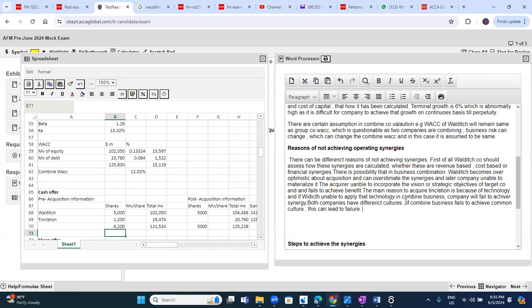Okay. Next point, the success of new company depends on the management of new company. If combined business is unable to attract the management, unable to attract the workforce, it can lead to failure of achieving synergies. Okay, guys.